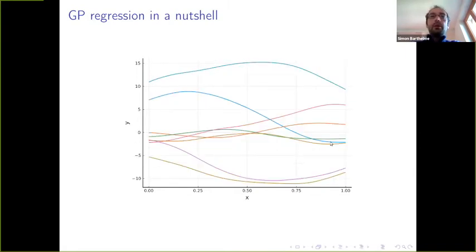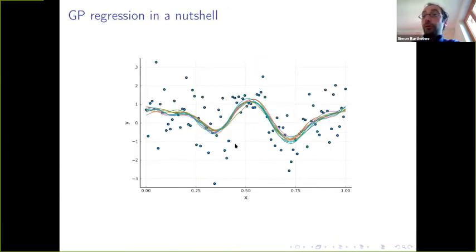Okay. Now, this is my prior, and I can also condition on some observations. Here, the blue dots are observations from my unobserved function plus some noise, so these are the noisy observations. The curves you see in different colors are samples from the posterior distribution of the Gaussian process.